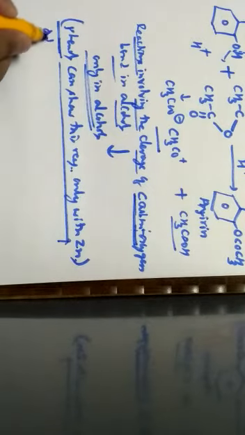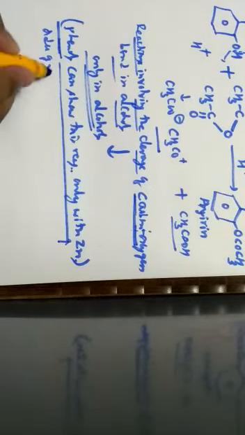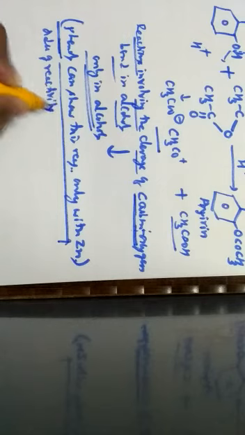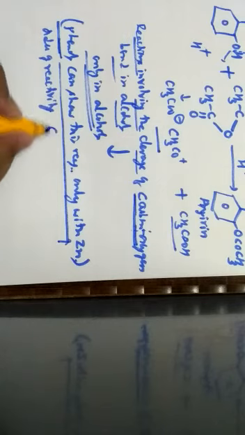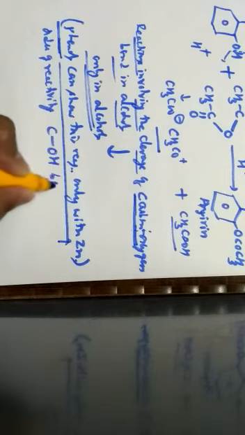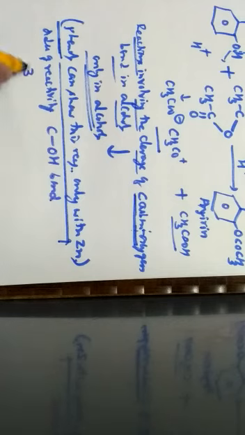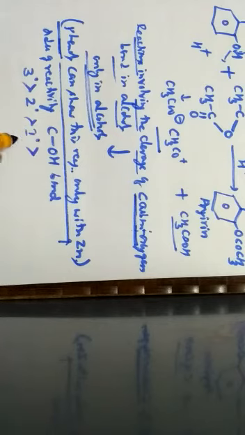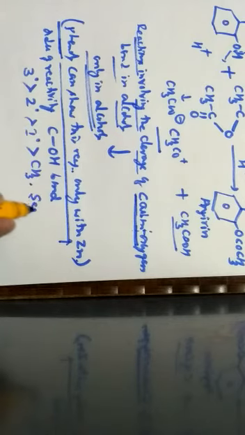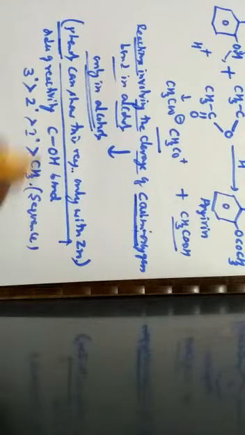Here when we study the order of reactivity in the cleavage of the C-OH bond, it follows the order: tertiary alcohols are more reactive than secondary, which are more reactive than primary. Primary is more reactive as compared to methyl alcohol. So this is the sequence of cleavage of the C-OH bond with reference to alcohols.